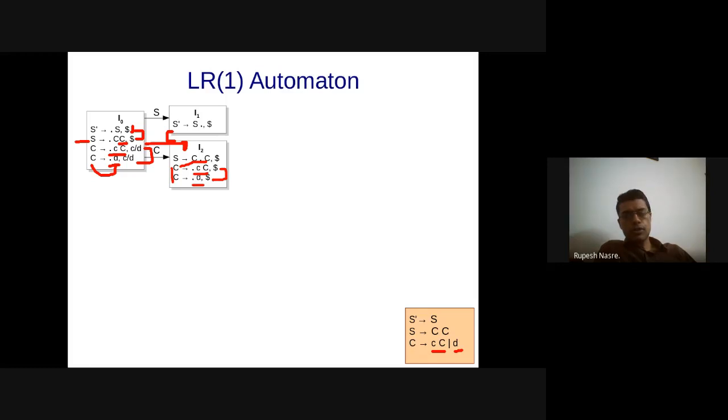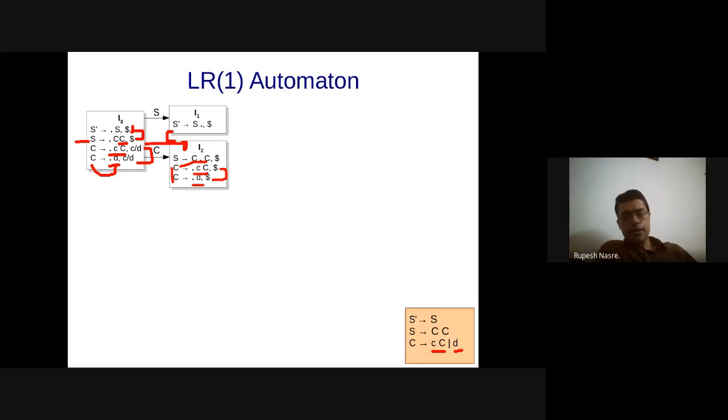Will there be more non-kernel items in this? C deriving c.C with c/d as the lookahead, C deriving .Cc with c/d as the lookahead.